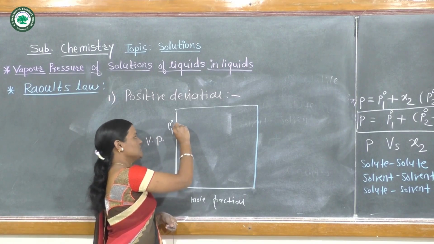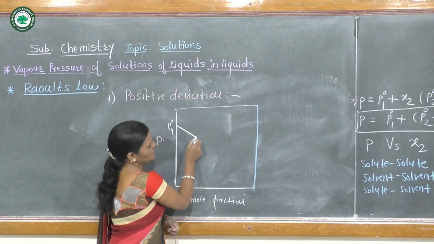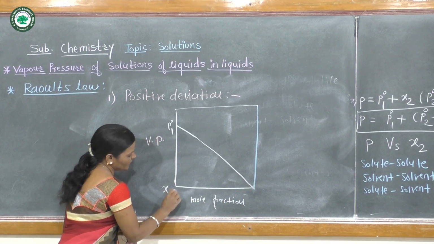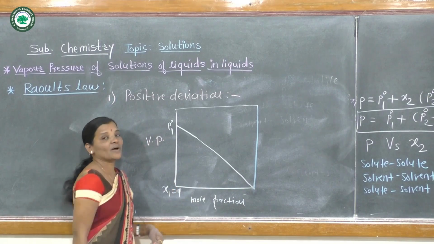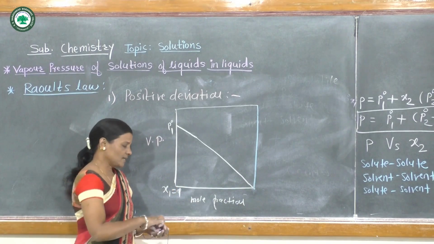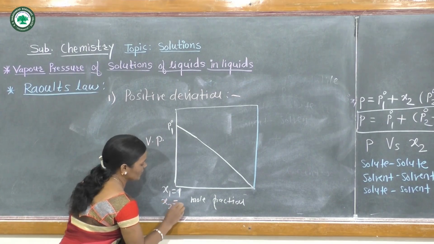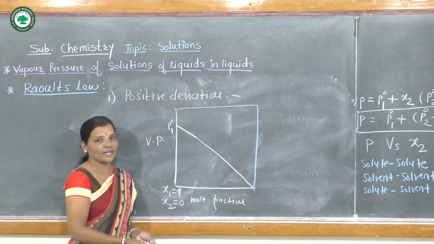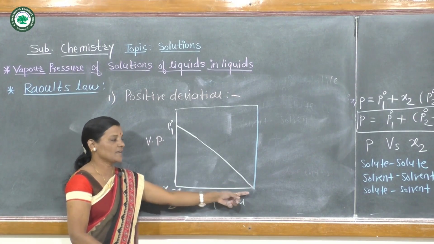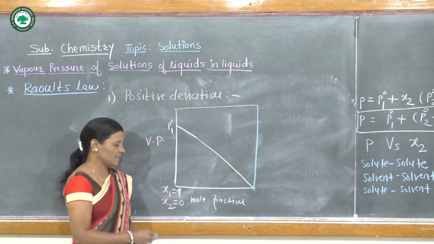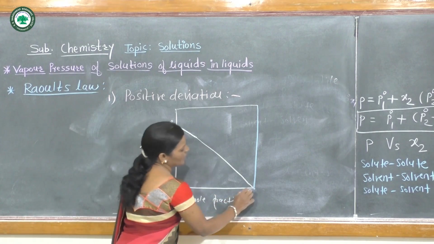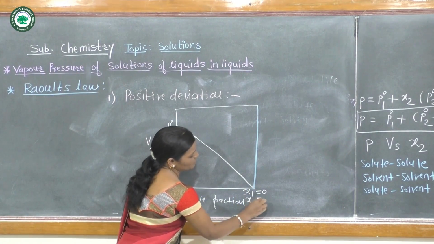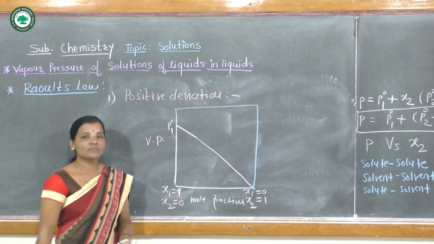As this vapor pressure decreases and falls to 0, initially its mole fraction x1 is equal to 1, and at that time x2 should be 0. When the vapor pressure of pure component A1 falls to the 0 value, the mole fraction x1 should be 0 and x2, the mole fraction of the second component, becomes 1.